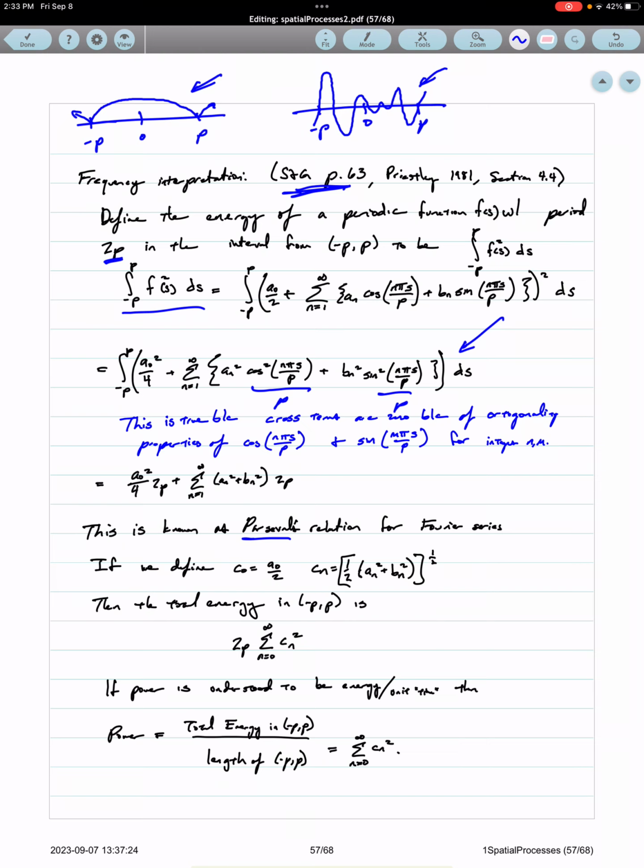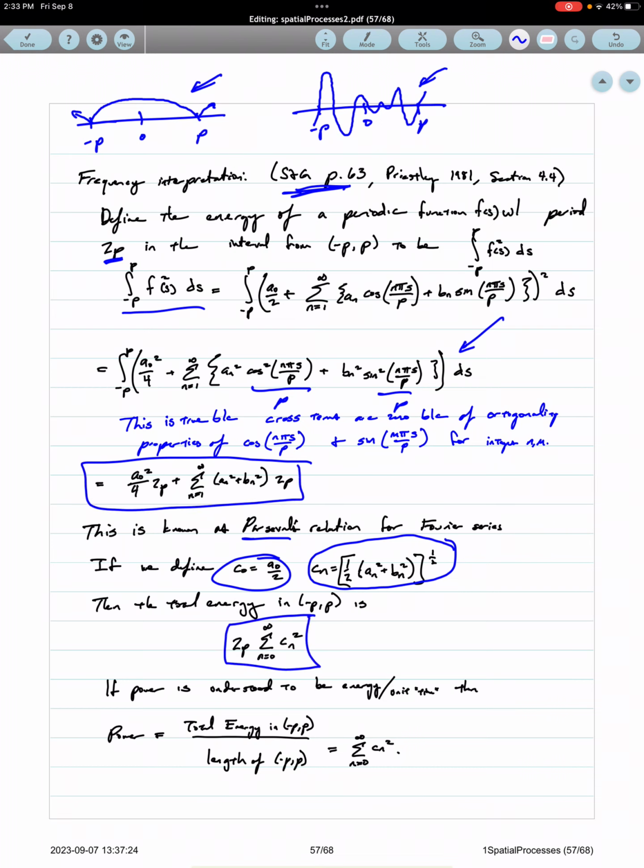When talking about the energy, we don't need to talk about the ANs and BNs separately. We can combine them, and so we can define C0 to be A0 over 2, and Cn to be this expression of AN squared plus BN squared, and the expression which we had in terms of the ANs and BNs can be written very simply in terms of the CNs.